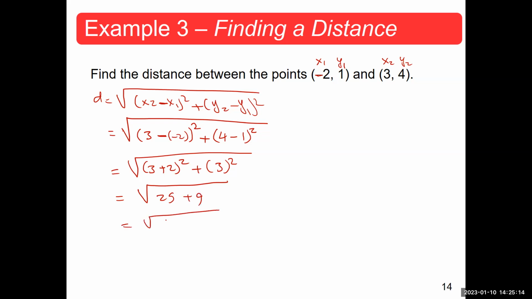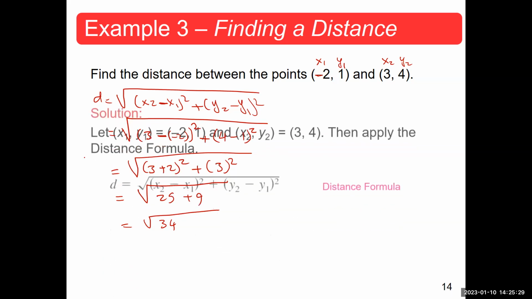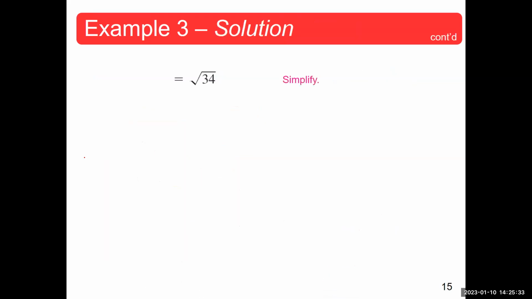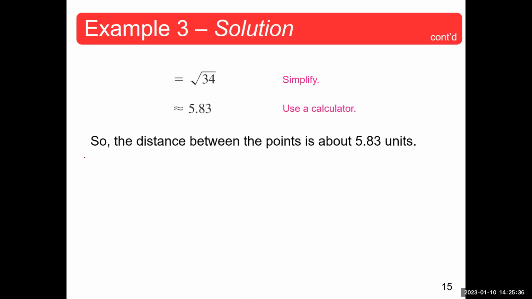That will be the square root of 34. If we use a calculator, we can get the answer in decimals. We'll see it in a second. It's pretty easy, just straightforward application. Well, the square root of 34 is 5.83. Got the distance.